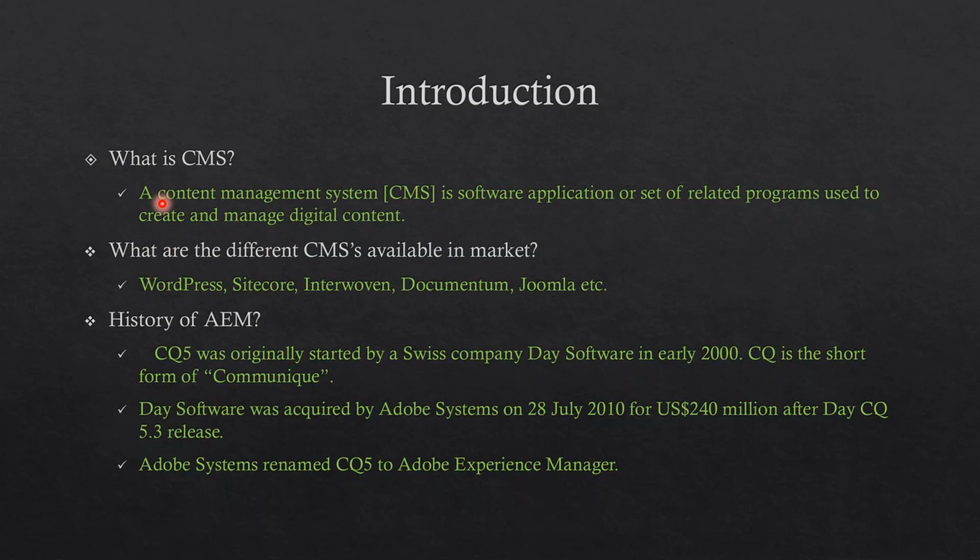As the name suggests, content management system. The word content is very important here. A content management system manages your content. So what exactly is content? All the data that gets generated on the website: your text, images, videos, documents, their placement, their files, all of those are content. And any software that can help you manage that website content is called a CMS.